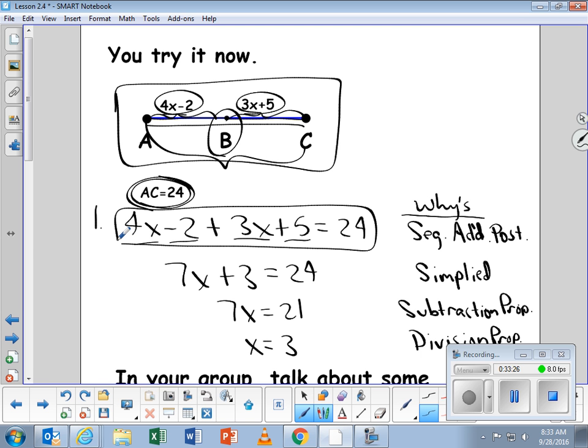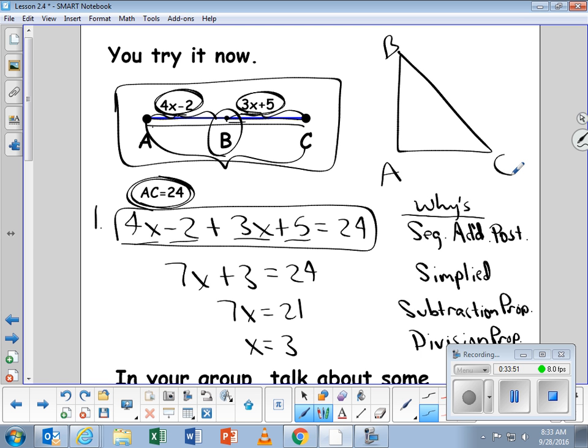What I cannot do is assume that this is the same as this just because they look to be the same in the picture. If I have a triangle that looks like this, what kind of triangle is that? A right triangle. Wrong. It doesn't tell me it's a right angle, does it?